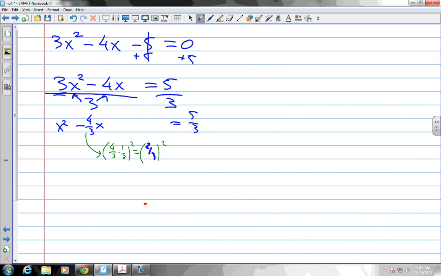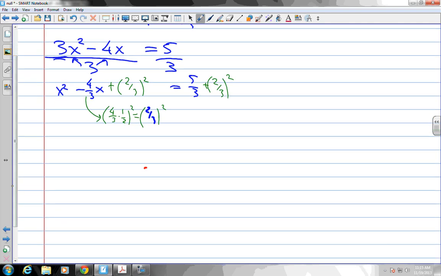squared. So I'm going to add 2/3 squared to both sides. So that's that missing corner in that picture. So the left side is a perfect square, x minus 2/3 squared. That's the left side.